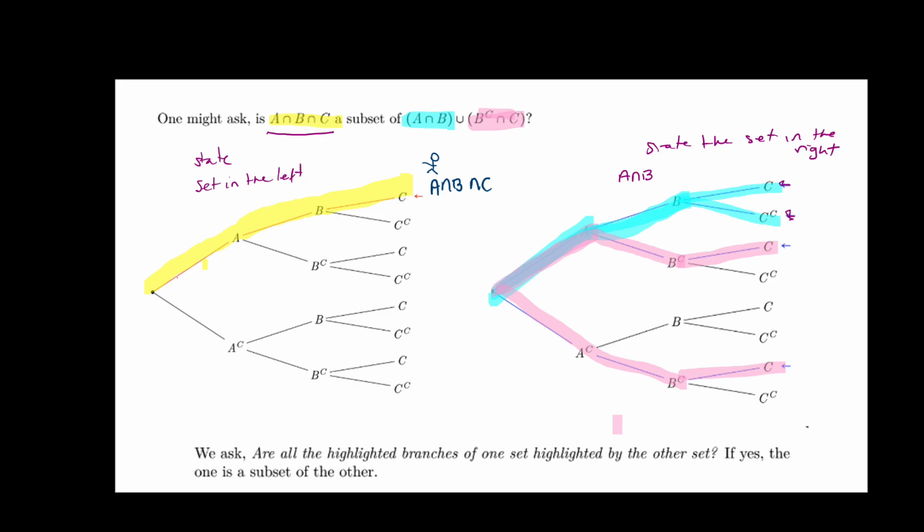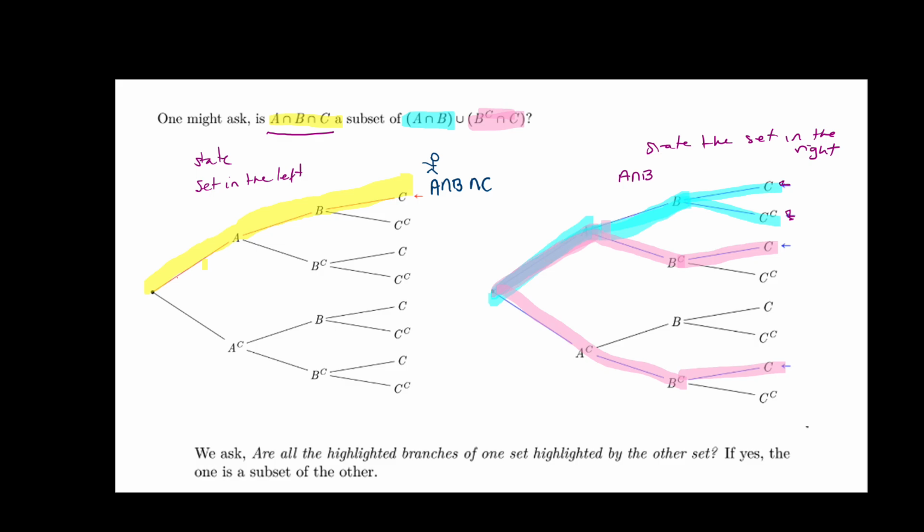All right. So what is the union of this thing? You just take all the paths. So everything that is blue or pink works for me. Okay? So to know if you have a subset, you just see if the yellow is highlighted, if the part highlighted on the left is also highlighted on the right. So, does A intersection B intersection C, is this set highlighted here?